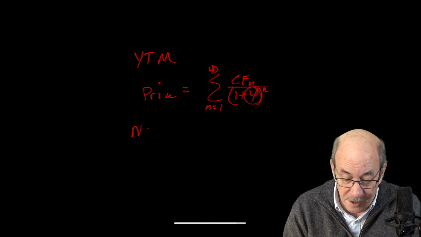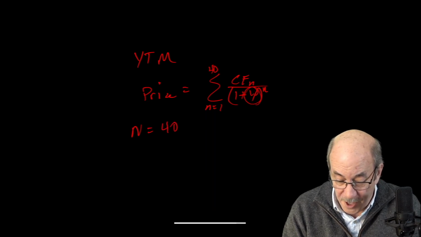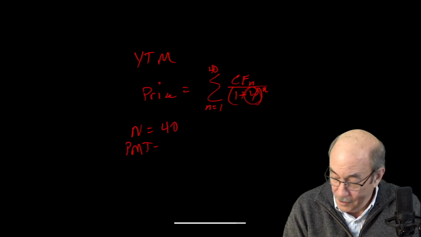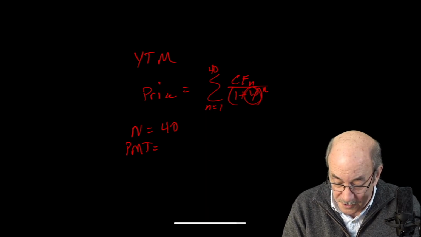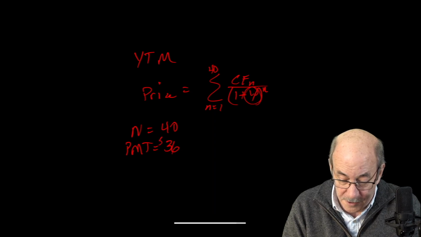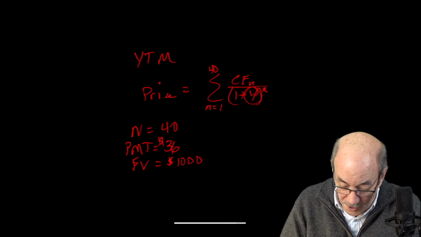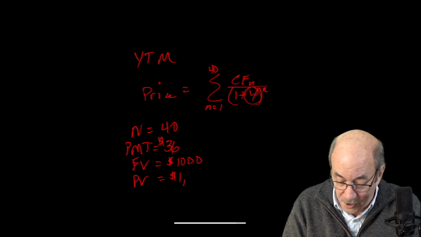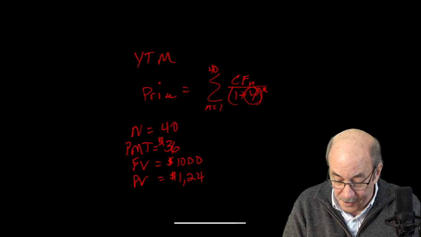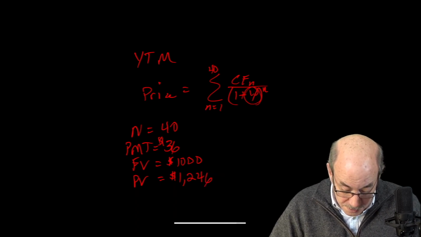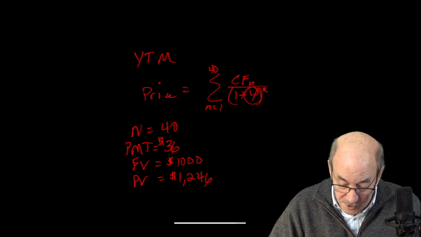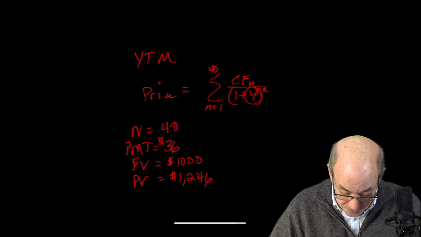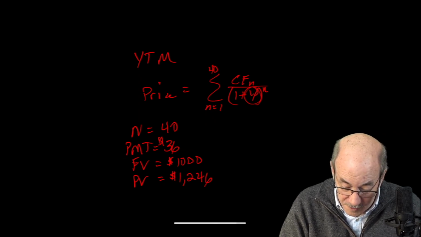So we've got an n of 40. We have a payment in here of, what was it, $36? We have a face value, or future value rather, of 1,000. And we have a current price, or a present value, of 12.46. So when I plug that in, PV of 12.46, going to make that a negative.